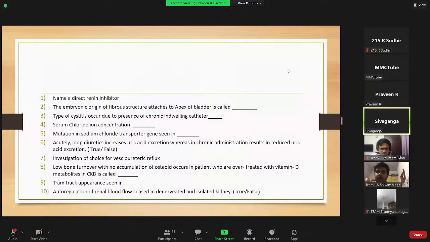Next, alpha catenin. Keep answering. 2 is skipped. Serum chloride concentration is... 6 is true. Okay. 96 to 106 milliequivalent per liter is the serum chloride concentration.